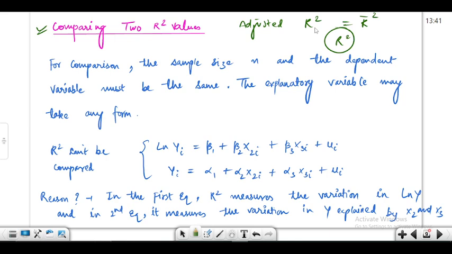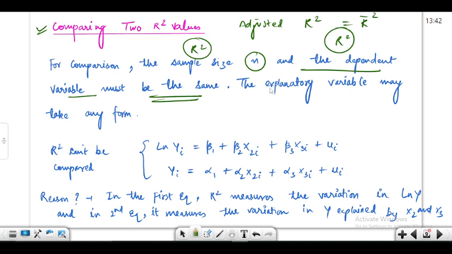So now suppose you want to compare two R square values. Okay, now we are not talking about R bar square, we are comparing two R square values. Now for comparison, the sample size n and the dependent variable must be the same. So this is a precondition if you want to compare two R squares. This is about R square, not R bar square.